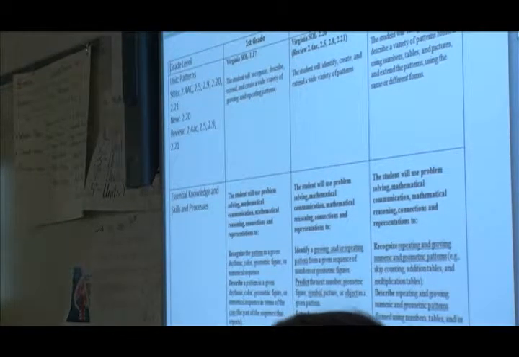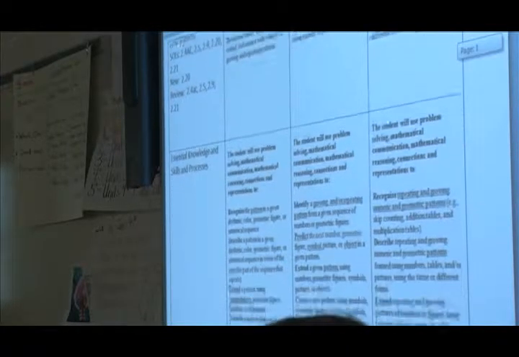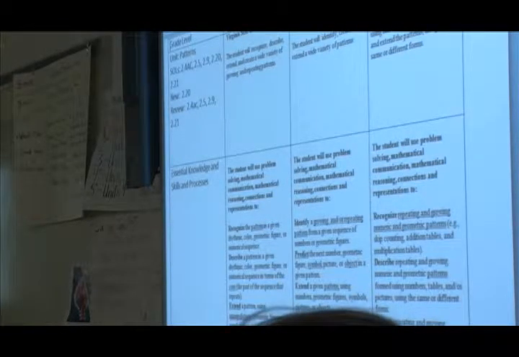One thing I noticed is that the vocabulary is fairly similar across first, second, and third. In first grade, they begin with recognizing a pattern, and the simplest part of it is repeating the pattern, but they have to recognize and state the core of a pattern.